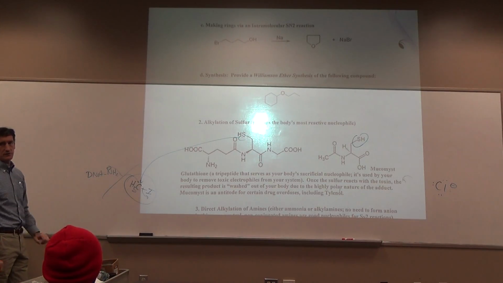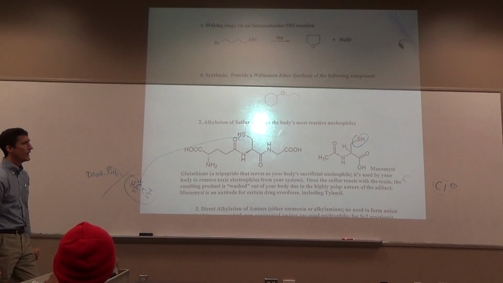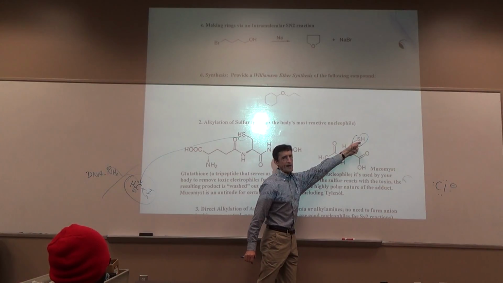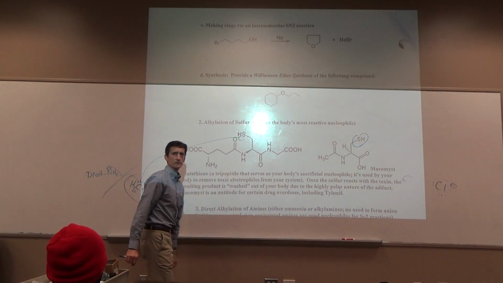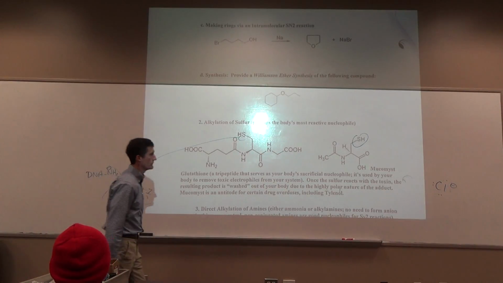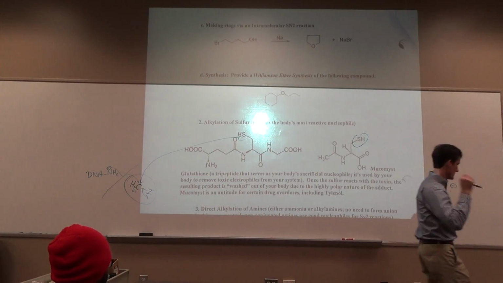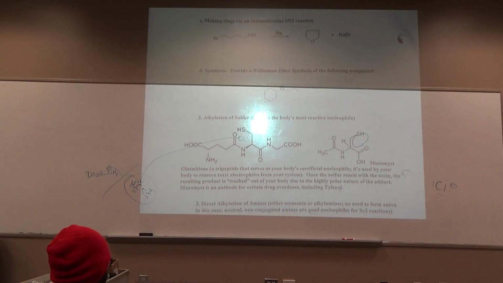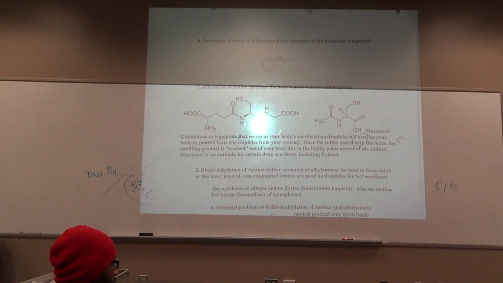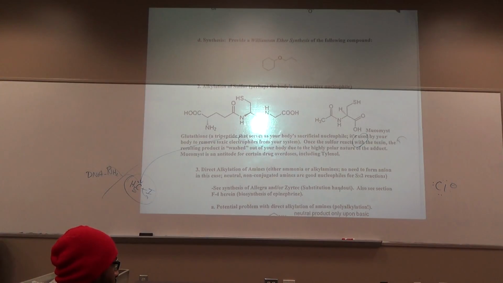Sulfur is used as a good nucleophile. Again, these are in the neutral form, but these could become minus in the body under certain pHs. So your body actually uses sulfur as a nucleophile. We saw earlier it used it as a leaving group, the SAM.